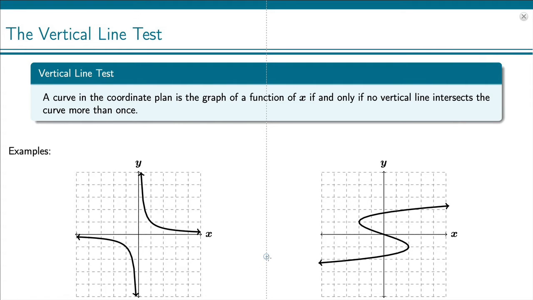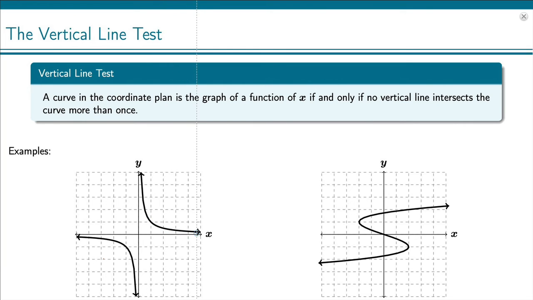Let me show you why that is here. So I'm just going to take this vertical line here, I'm going to move it around. This vertical line here represents a single value of x. And you'll notice it only crosses the graph at one point, right here. And I could move it over, and everywhere that it is, it only touches the graph in one point, and then up here, it only touches in this single point all the way across.